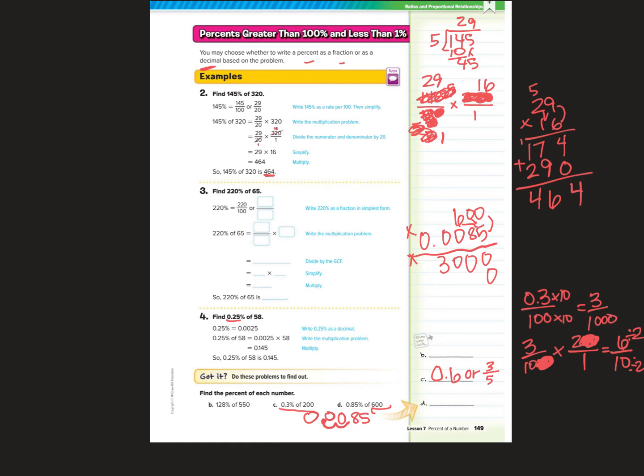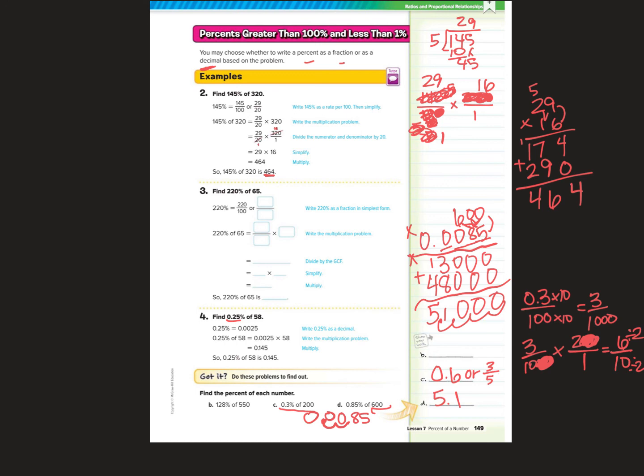Put a 0 down. 8 times 0, 8 times 0, 6 and 8 is 48. Add them up. Then I have to see how many decimals I have. 1, 2, 3, 4. Bring it back 1, 2, 3, 4. So my answer would be 5 and 1/10.